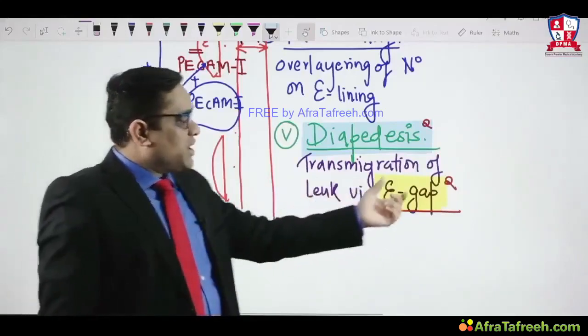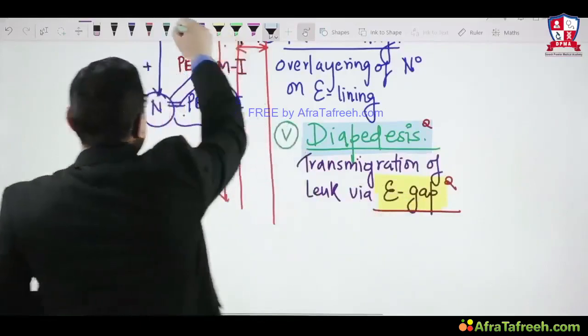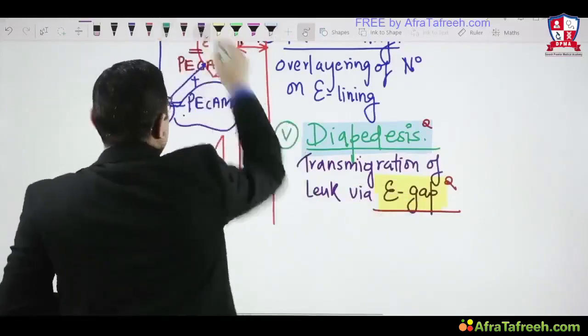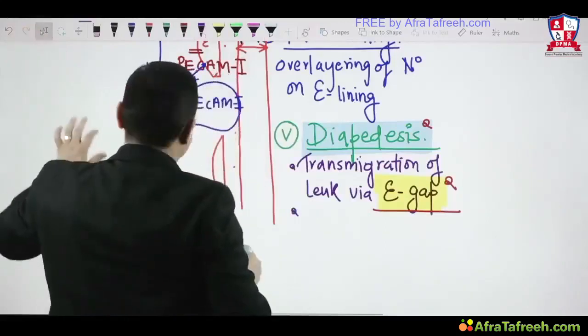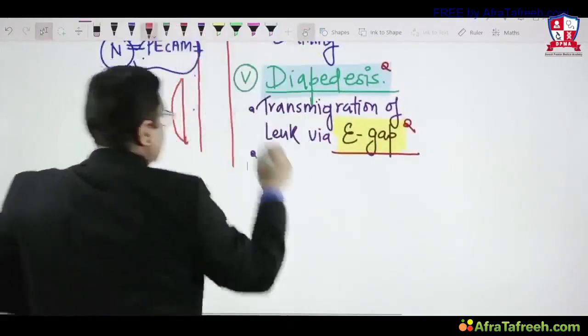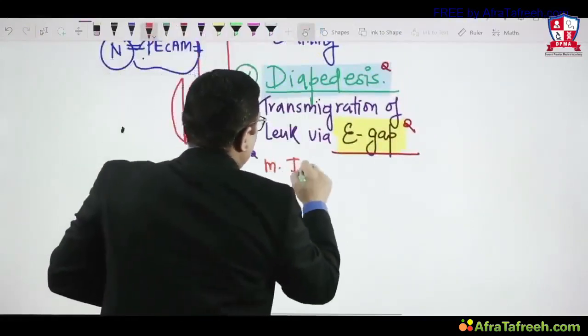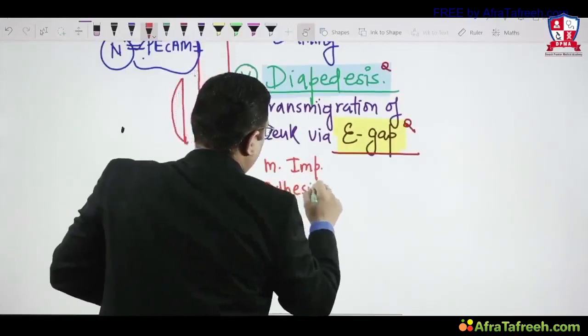Transmigration of leukocyte via endothelial gap, not the basement membrane. And which cytokine and which adhesion molecule is most important? That is another frequently asked question in All India exam. Which is the most important adhesion molecule for diapedesis?